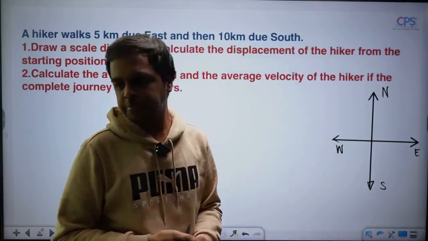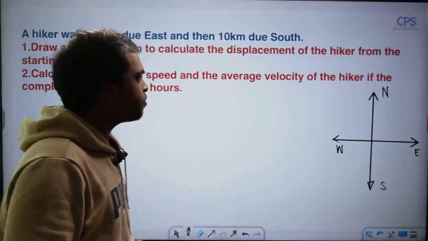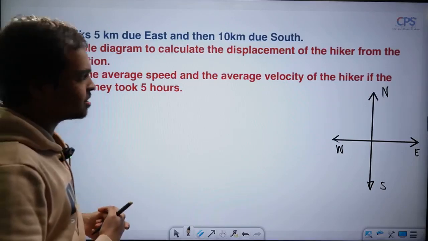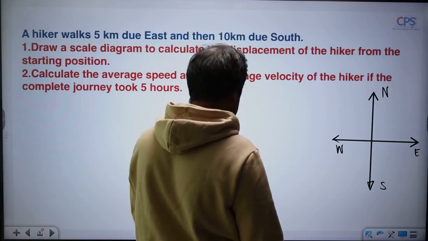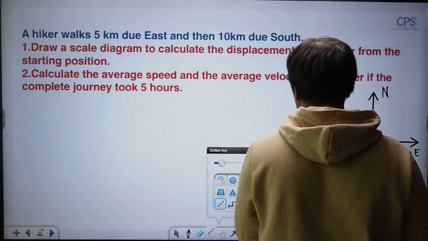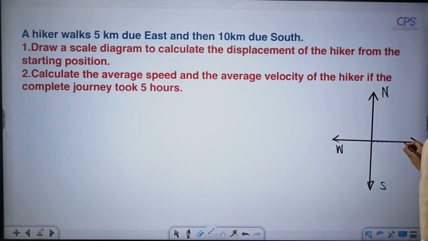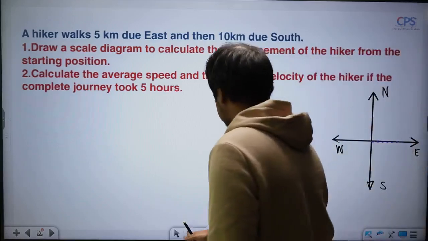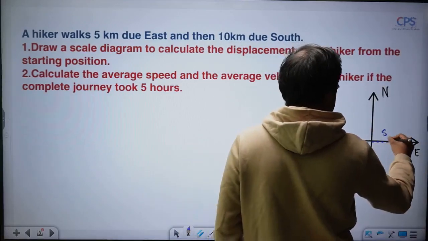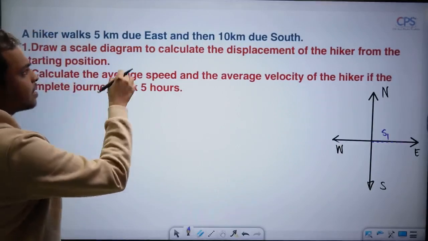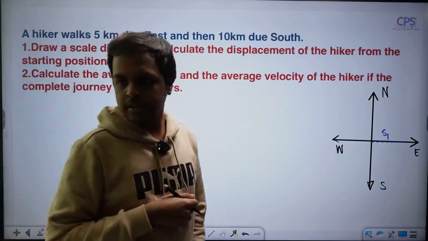You have to remember it for these types of maths. A hiker walks 5 km due east. So just follow this line, 5 kilometers here. Let's say it's S1, 5 kilometers due east.